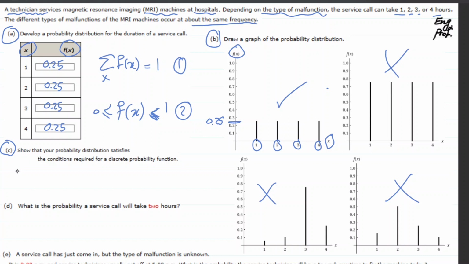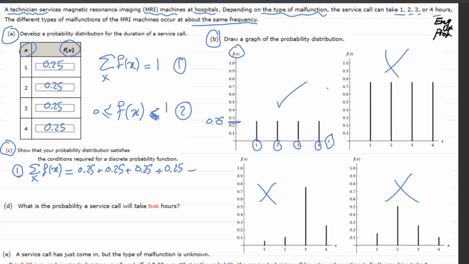Let's check them. First, the sum across all values of x of f of x is equal to 0.25 plus 0.25 plus 0.25, and so on, and you can see the final answer for that is 1.